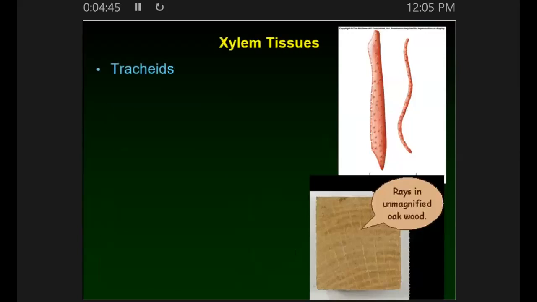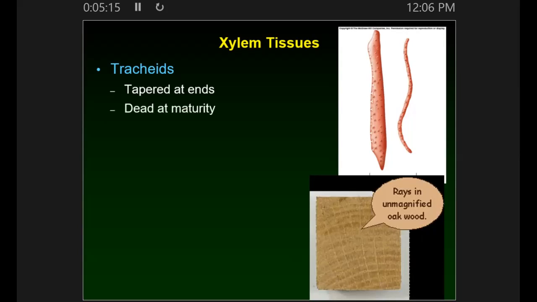The other type of xylem I want you to be familiar with are the tracheids. Angiosperms, the flowering plants, also have tracheids, right? They're thinner, narrower, smaller in diameter compared to vessels. When we look at different parts of the plant body, I'll point out which ones are vessels and which ones are tracheids. They look visually different due to their differences in diameter.